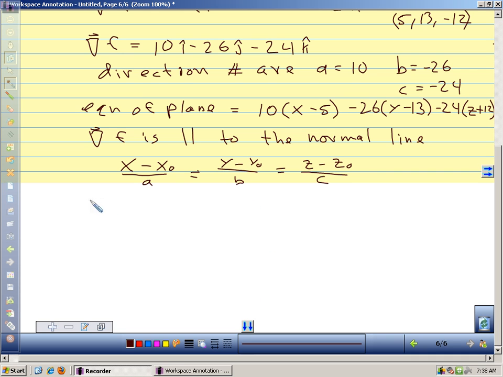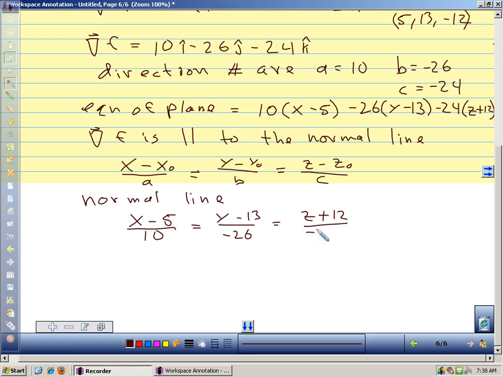So our normal line is x minus 5 over 10 equals y minus 13 over minus 26 equals z plus 12 over minus 24. So that would be the symmetric equations of the normal line. And if we needed to, we could write the parametric equations as well. Questions on that?